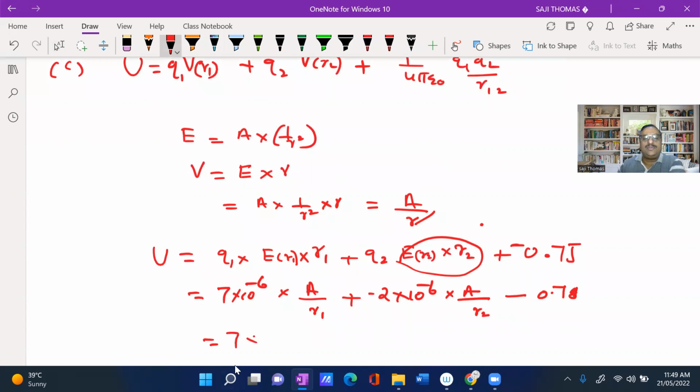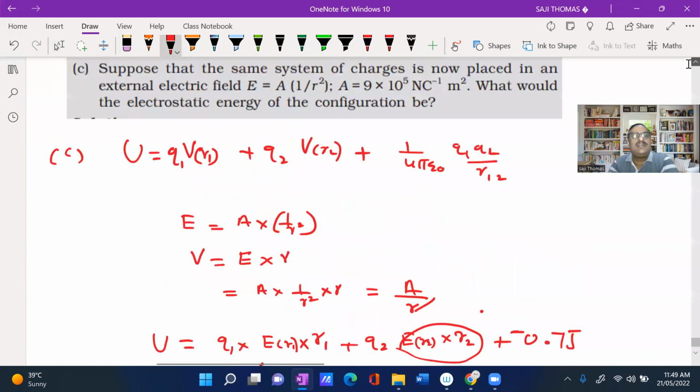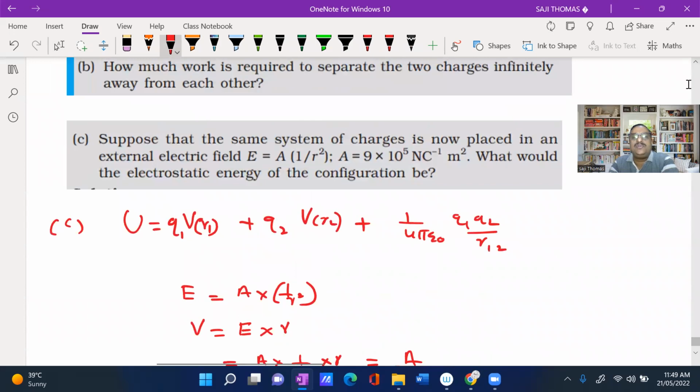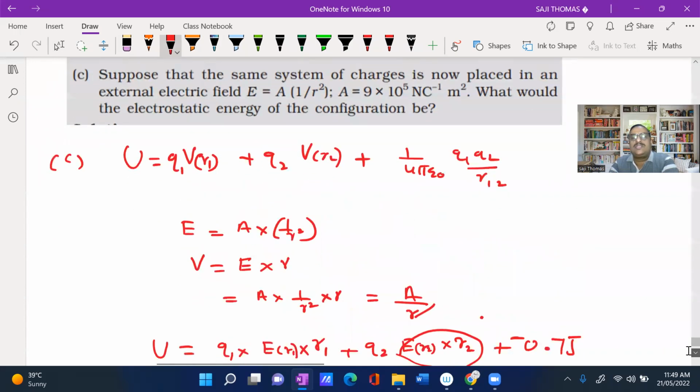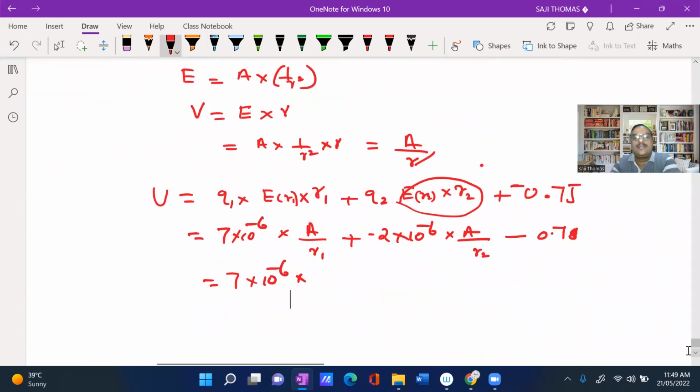So 7 into 10 raised to minus 6. The value of A is given. What is the value of A given? In the question it is given as 9 into 10 raised to 5. So substitute the value: 9 into 10 raised to 5 divided by R1.